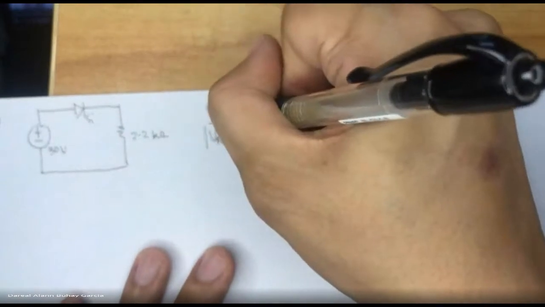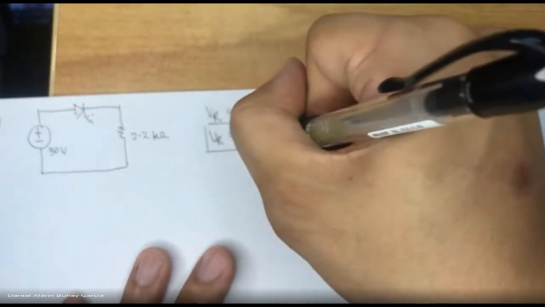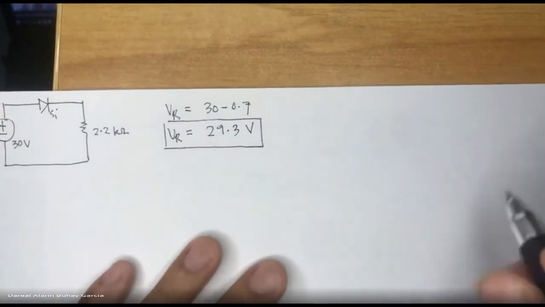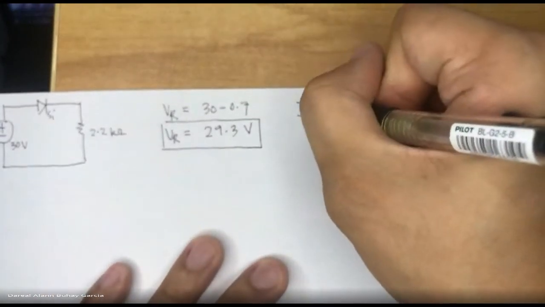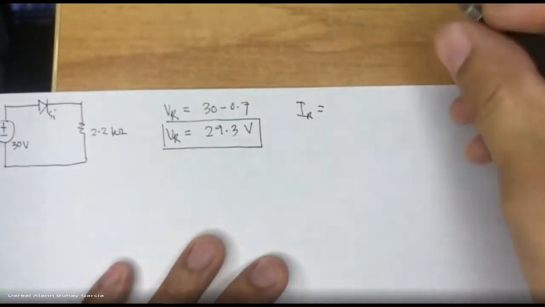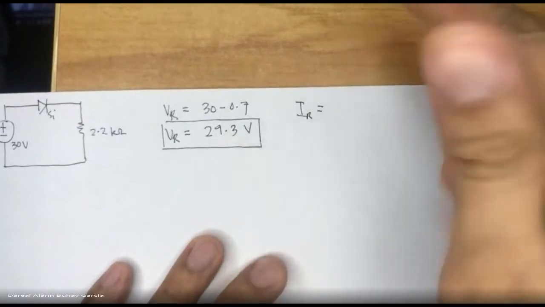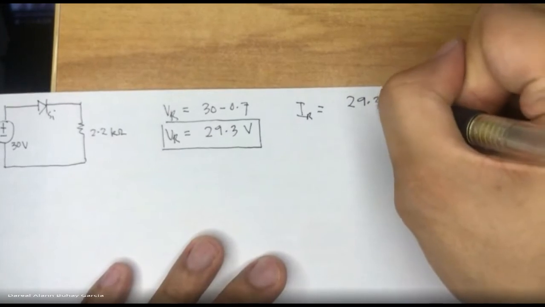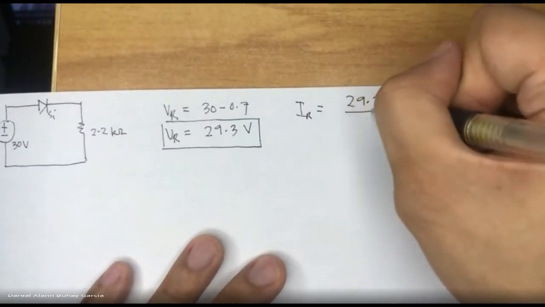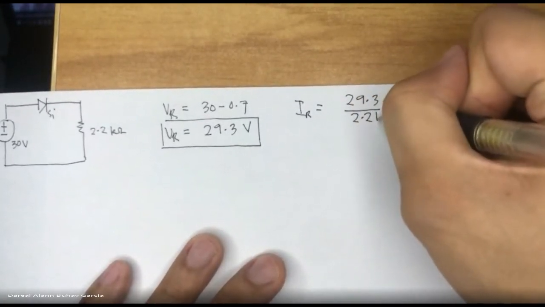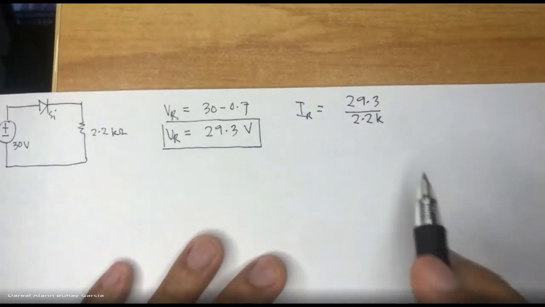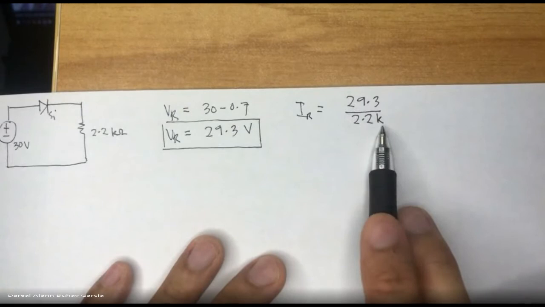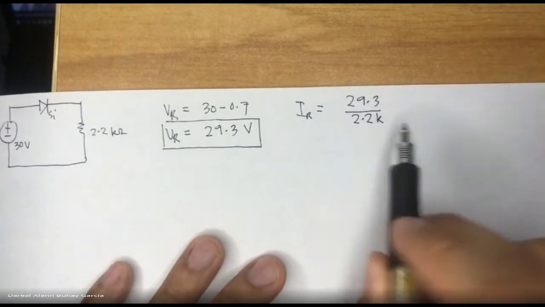Okay. Current sa resistor: 29.3 divided by 2.2K. 2.2 kilo, or meaning 2.2 times 10 to the power of 3. Kilo ohms.